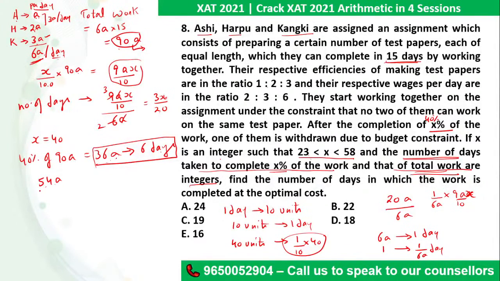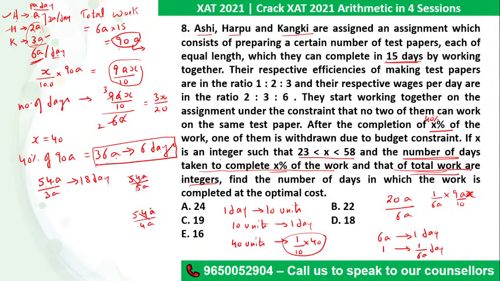So 3A तो इसको completely divide करेगा, 18 days आएंगे. और अगर आप इसको withdraw कर लेते तो ये 5A होता, 5 तो इसको divide नहीं करता. और अगर आप इसको withdraw कर लेते तो 4A होता तो भी integer नहीं आता. 54A by 5A integer नहीं होगा, 54A by 4A भी integer नहीं होगा.